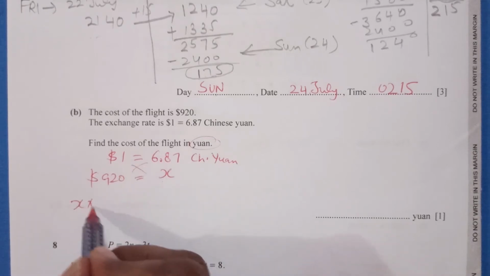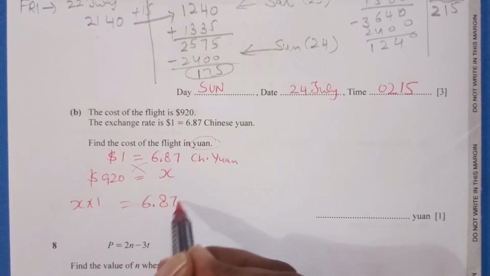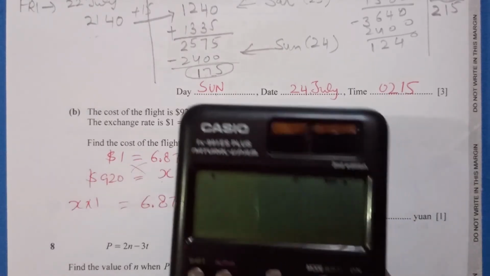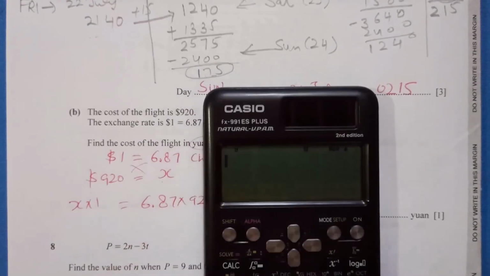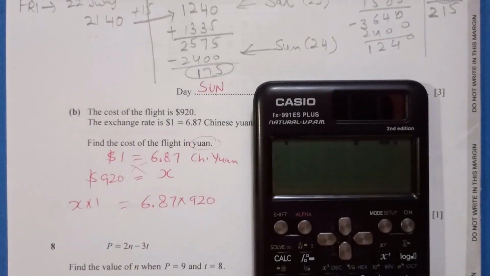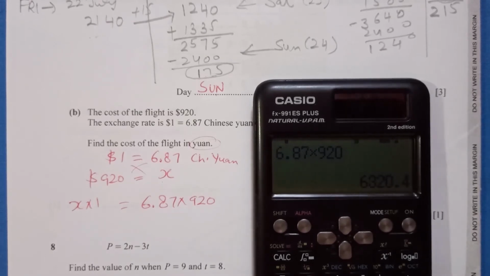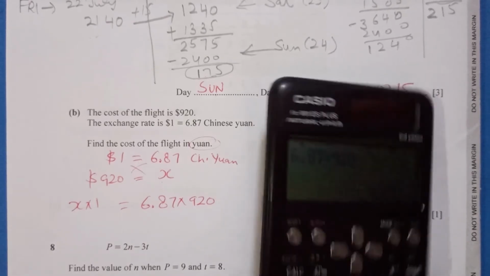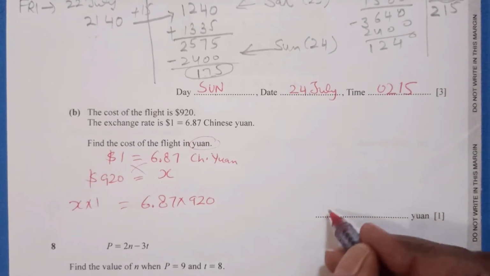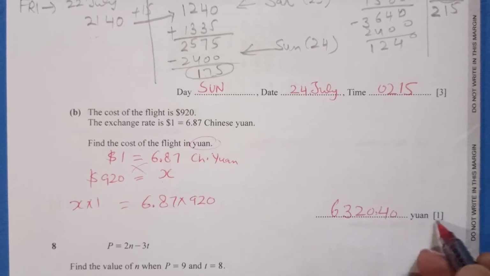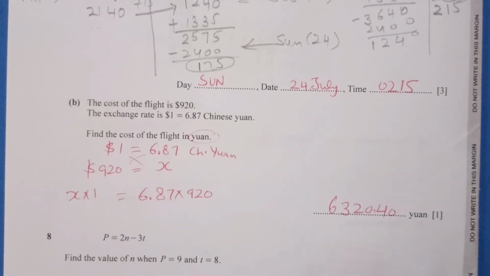So x times 1 equals 6.87 times 920. So let's see that. How much is that? 6.87 times 920, we need the answer in decimals, is 6320.4. So 6320.4 yuan. So that's it for this one.